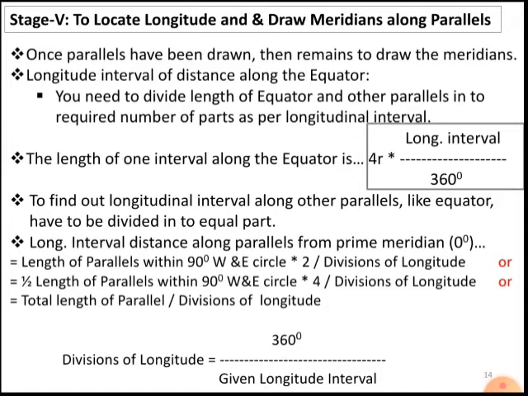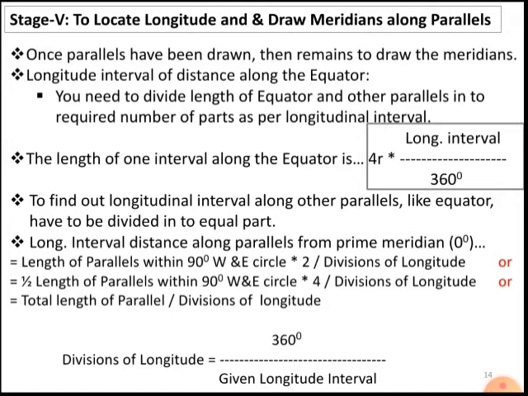As we divided that vertical line, the prime meridian, by the distances of the latitudes from the equator, in the same way we have to divide each parallel, including the equator, by respective distances which we have to calculate now. By that distance you have to divide the respective parallel, to draw the meridians.